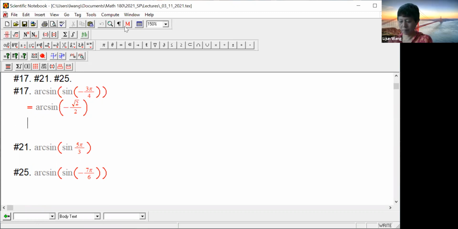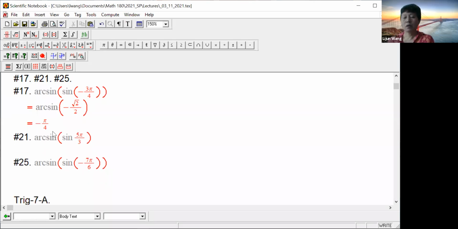Arc sine. For the arc sine of a negative ratio, you should expect an angle in the range of arc sine. So the answer is going to be in the range of arc sine. Here it is negative π/4. You follow me? Although these are special angles, you need to also think of domain and range.